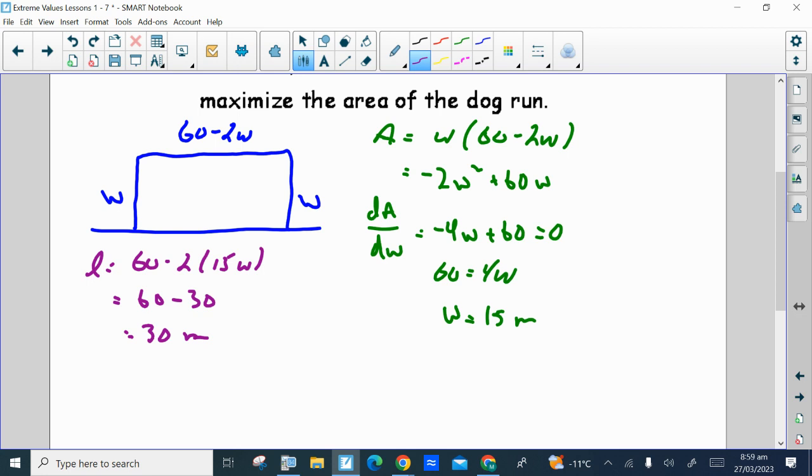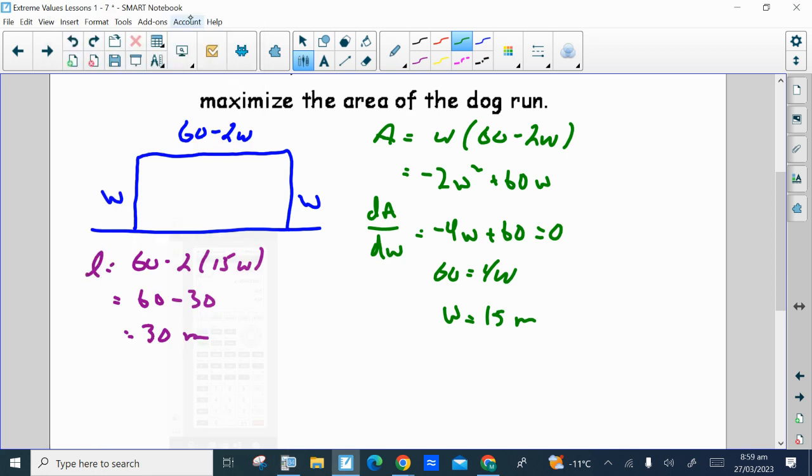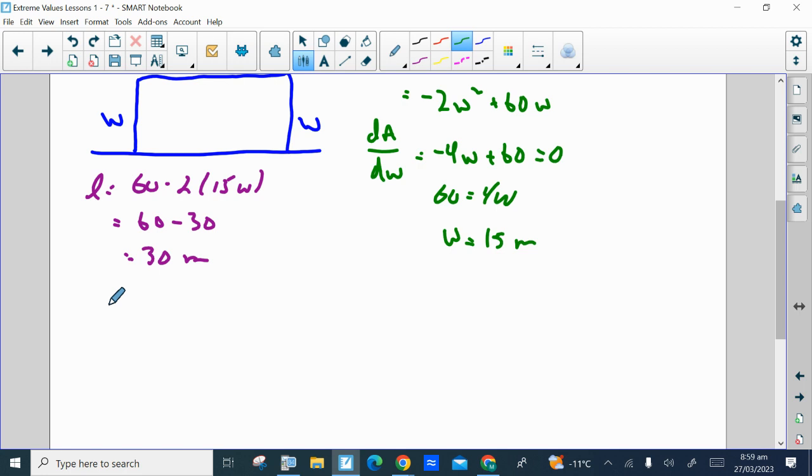So we're saying that the maximum area occurs when the width is 15 and now we see the length is 30. And 15 times 30, I think it's 450 square meters. 15 times 30, yeah.